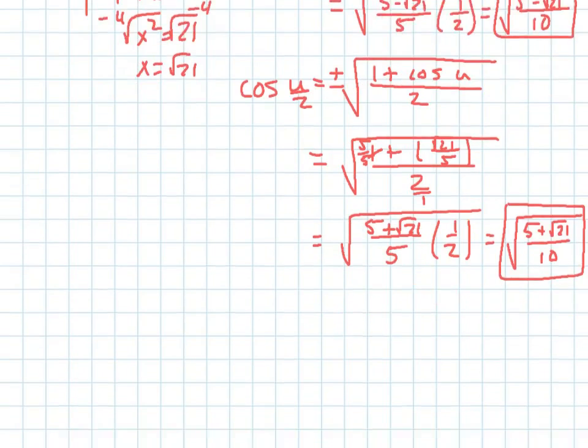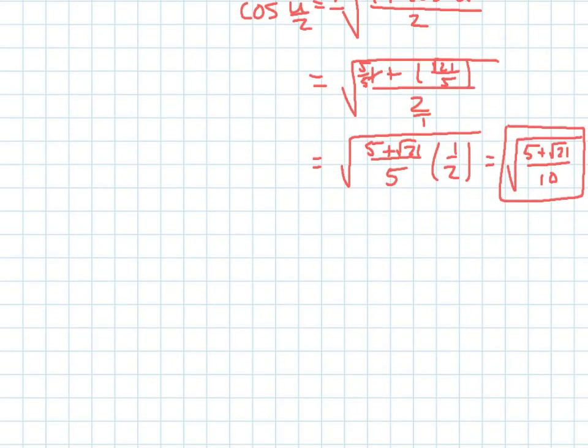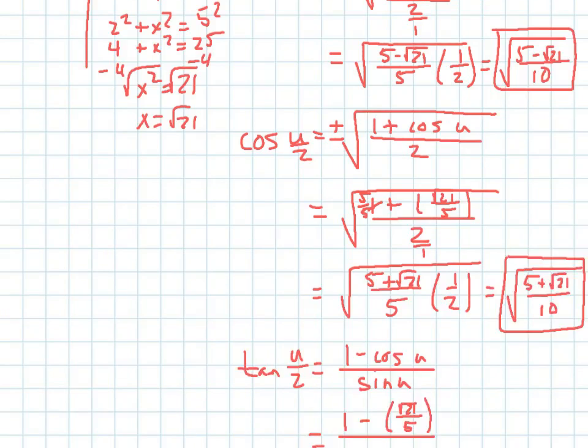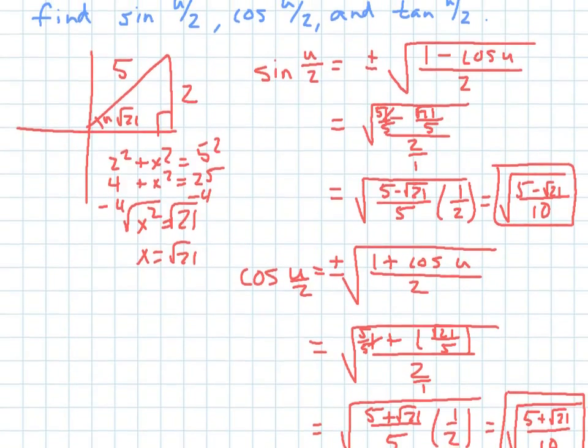Okay? Now tangent, because you have two different ones to choose from, it doesn't matter which one you choose. So here, let's say we chose the 1 minus cosine u over sine u. Okay, so here we use both cosine and sine. So 1 minus the square root of 21 over 5 divided by, let's go back, sine was 2/5.